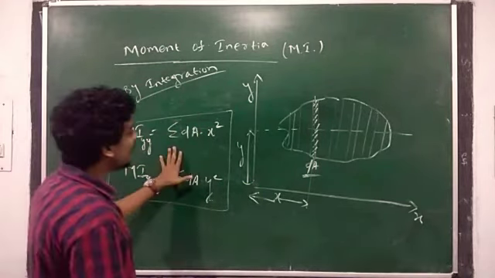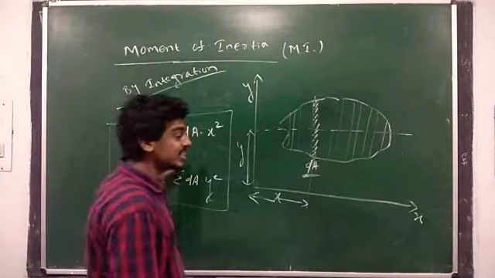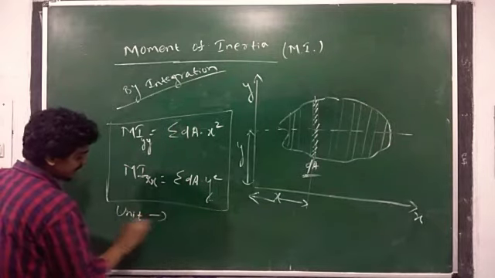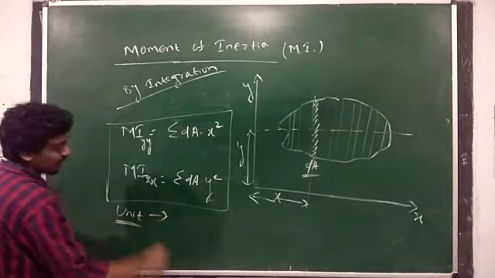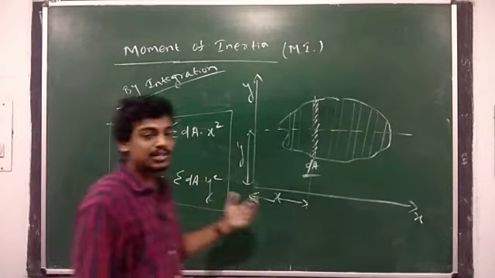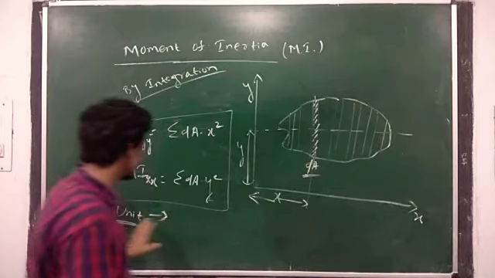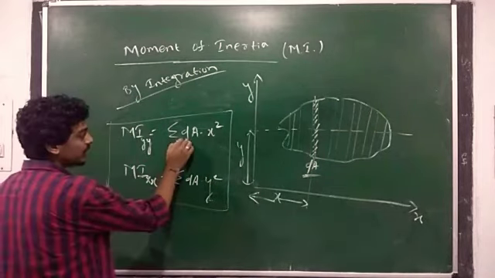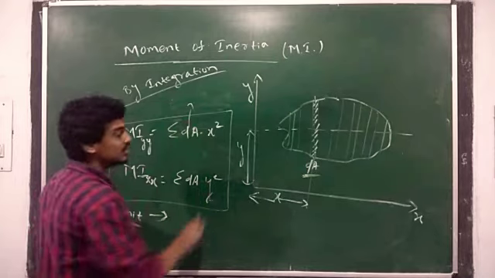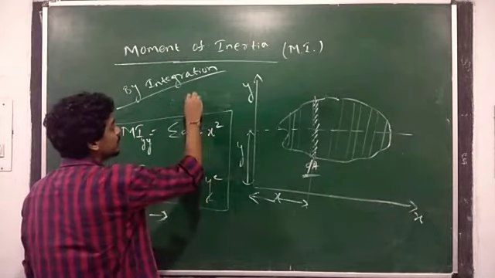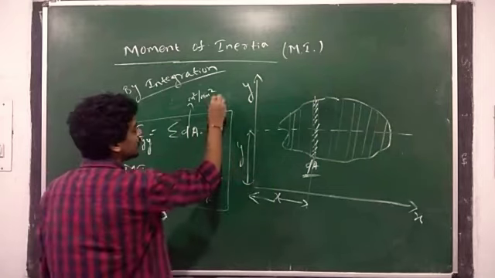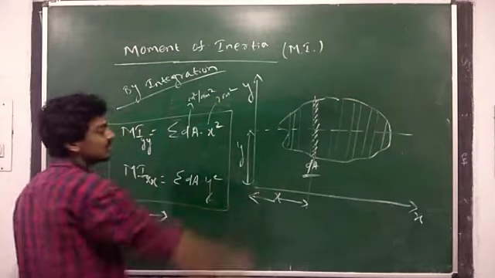So now the moment of inertia, the most important thing you should take care of is unit. In every case I will tell, whatever we study further, the unit of every term you should know. So you can tell the area unit, suppose m square or mm square, and x square means that is also meter square.